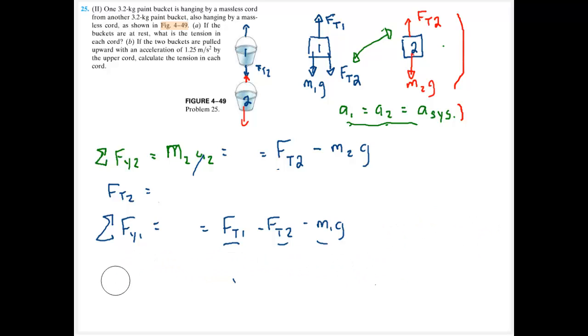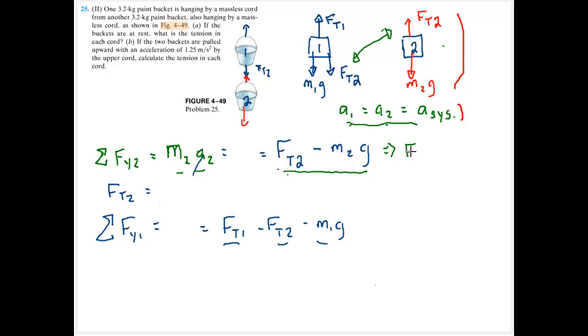So now that I've wiped this guy a little bit out here, now I'm going to say the sum of the forces in the y direction is going to be the mass 2 multiplied by the acceleration, and that's still the same, only now I have an acceleration.